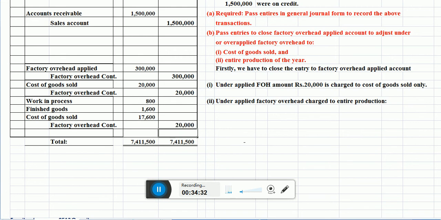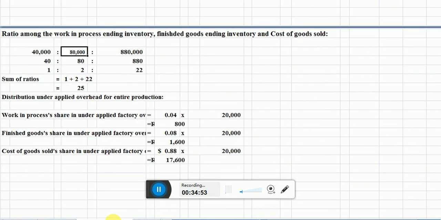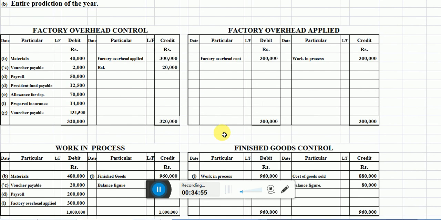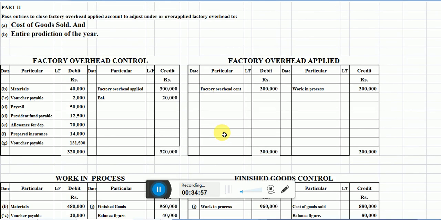Student, this is the method to charge the under or over applied factory overhead against the entire production. For this purpose, we have to make the ledger against the factory overhead control to find out the under or over applied factory overhead, factory overhead applied here.